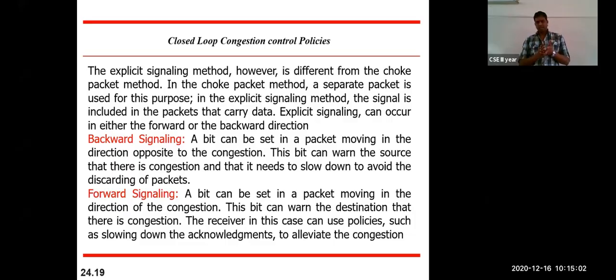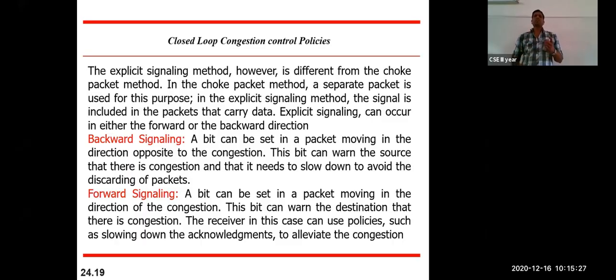In a choke packet, a separate packet to tell about congestion is sent to the source. But in explicit signaling, no separate packet is sent. If there is any data that is going towards the source, it adds this choke packet or warning packet to that particular data as piggybacking and sends it to the source.